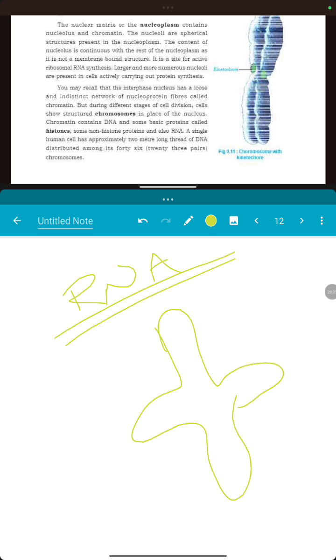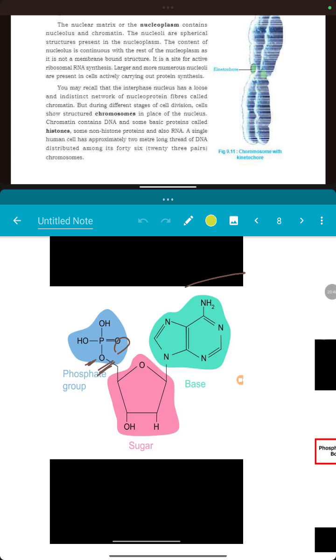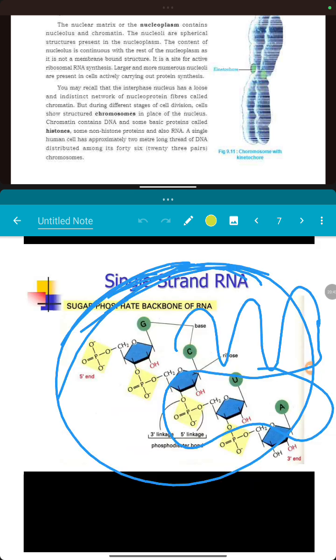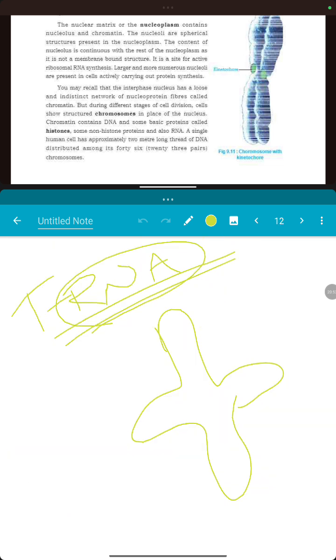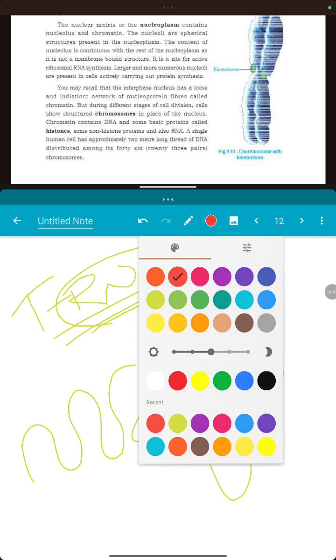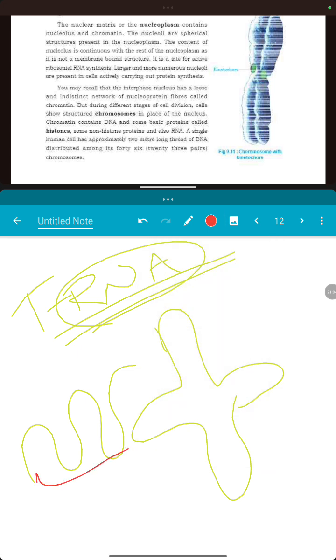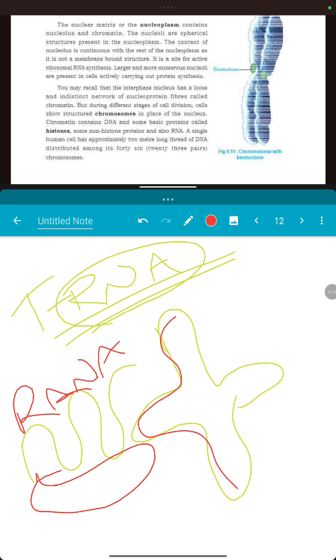This one is tRNA. Ribosomal RNA means the same RNA will form into a different shape. tRNA means the same RNA will form into a T shape.